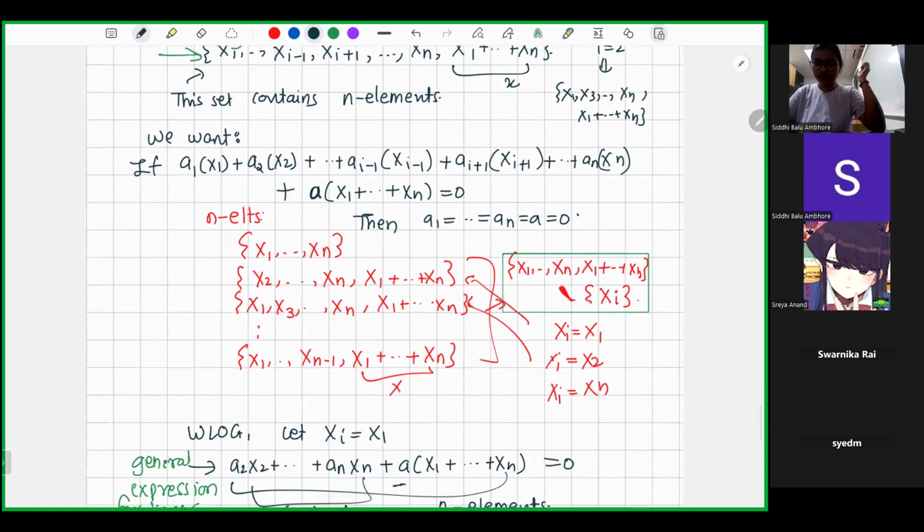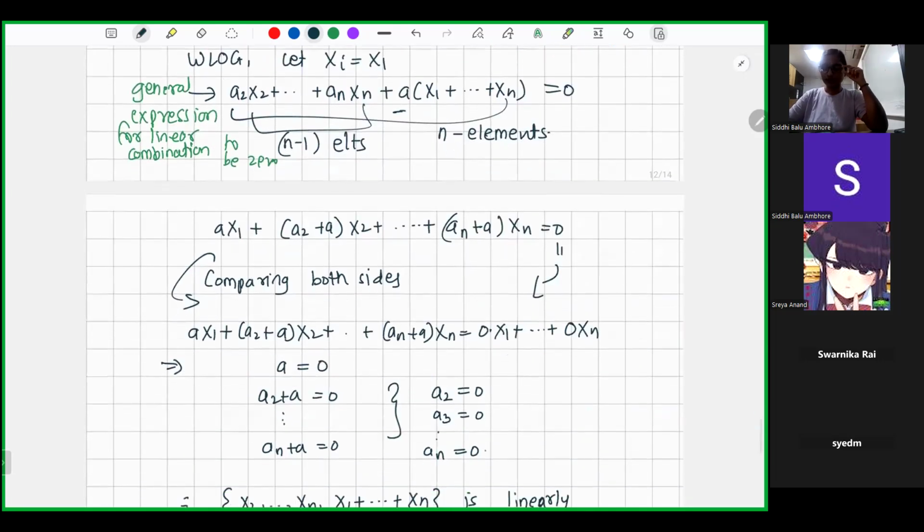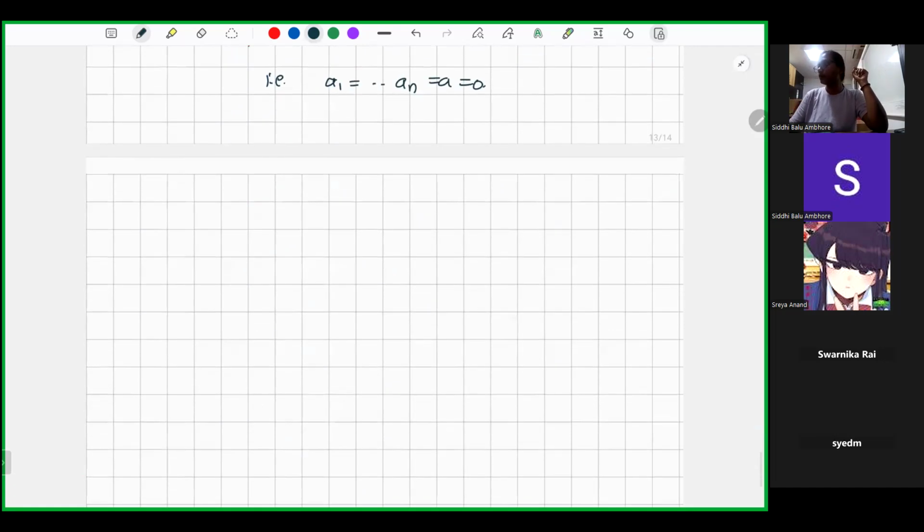And here we saw that if we choose n of those, and any linear combination is 0, then each coefficient of the given vectors becomes 0.